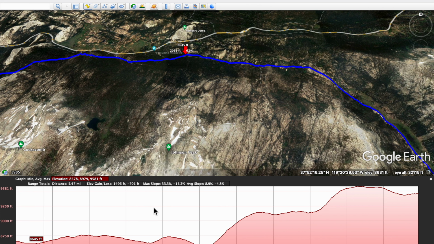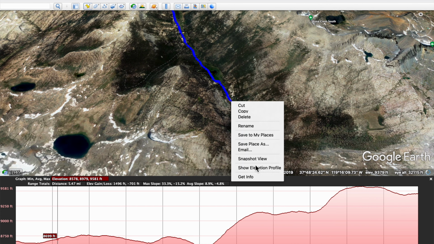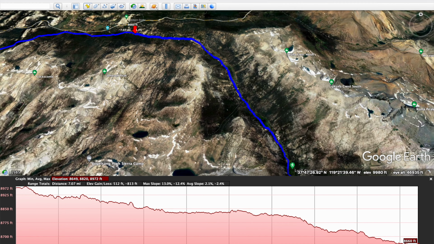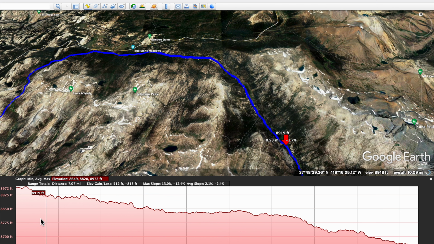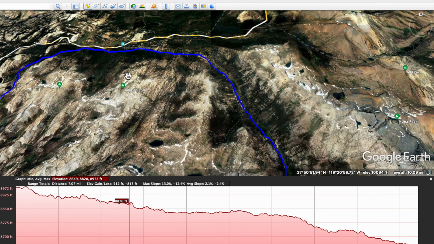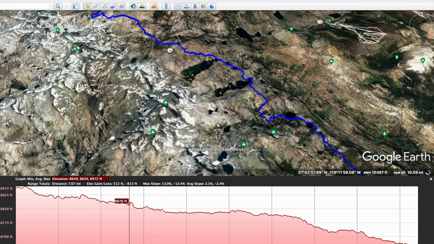Tuolumne Meadows. Pop over into Lyell Canyon. And we can see the route takes the low ground where it can into Lyell Canyon before popping back over these passes.